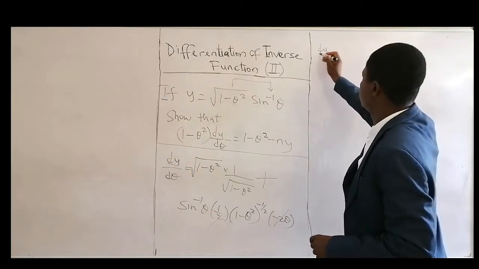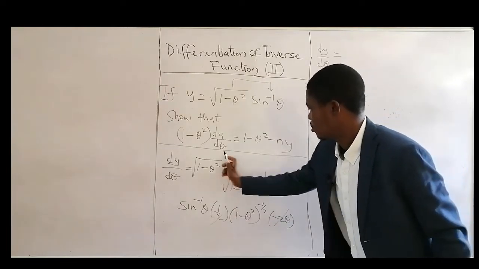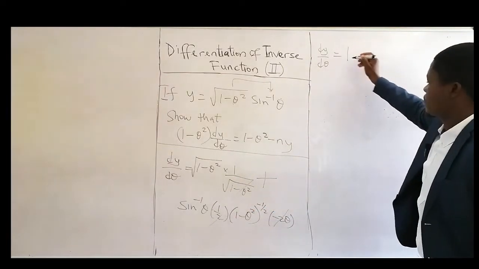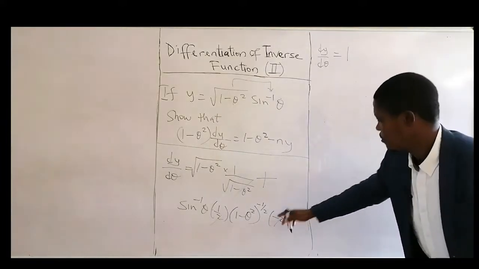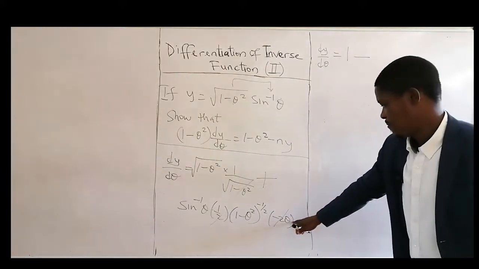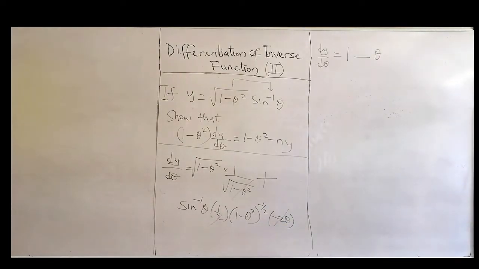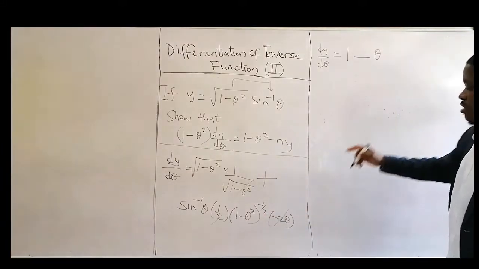For dy d theta, this one and this one will go, so we have 1 there. Then minus theta, it will bring theta here. So theta, followed by this one, this is square.